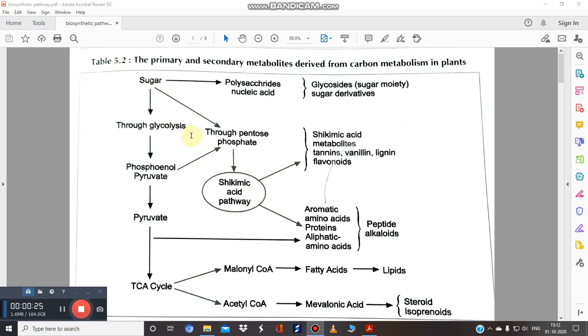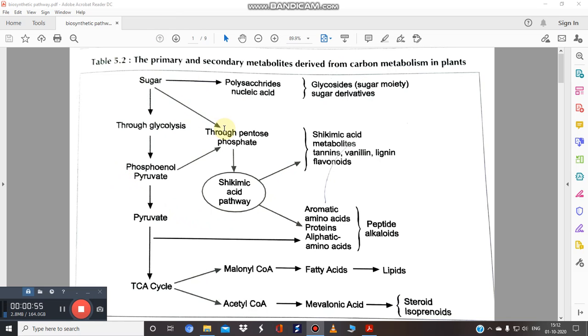We can say the number of cycles that we are most familiar with, like the pentose phosphate pathway or the TCA cycle. So here you can see these two, the most important pathways or cycles or routes that are involved in the production of various types of metabolites, and we have covered the primary as well as the secondary metabolites.